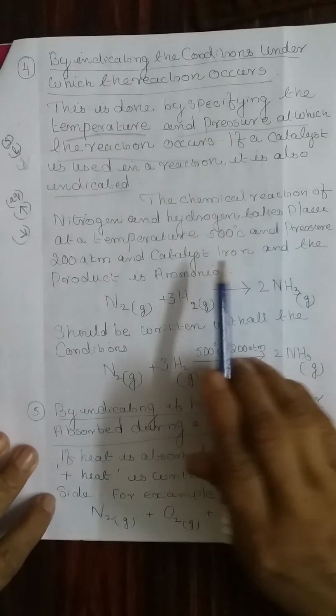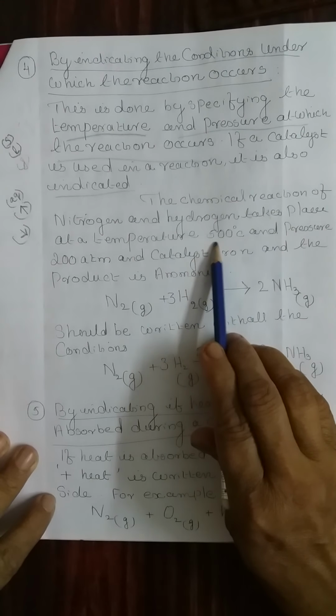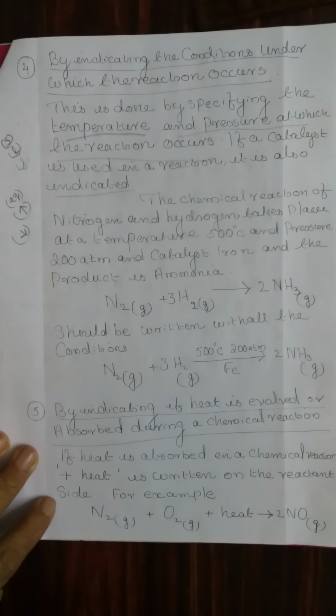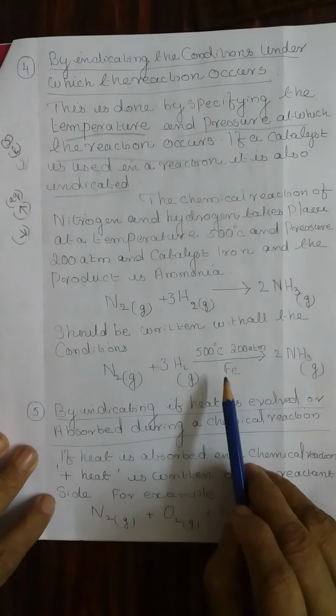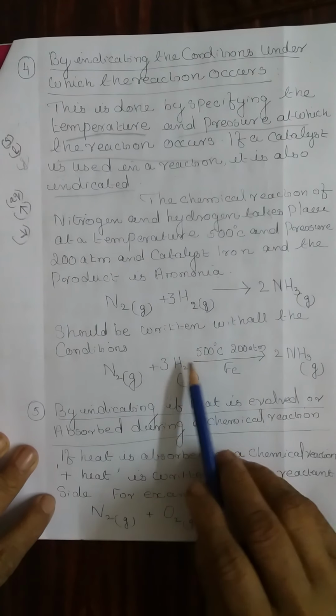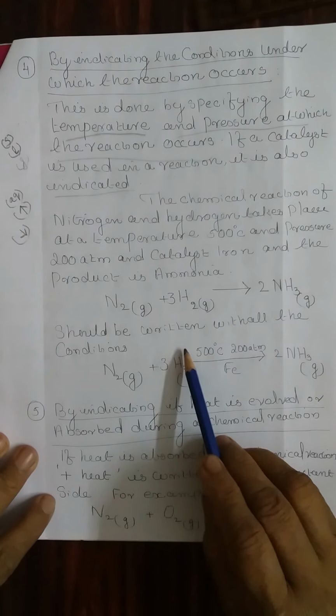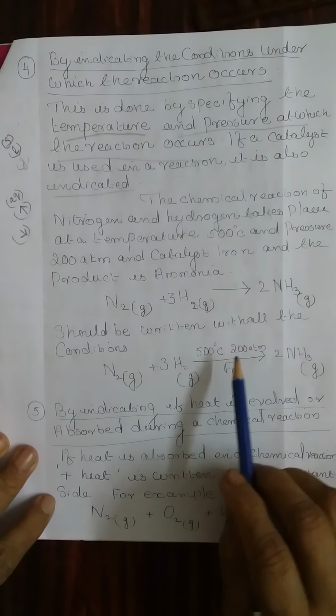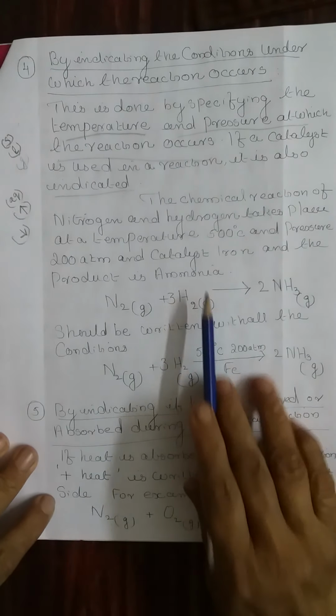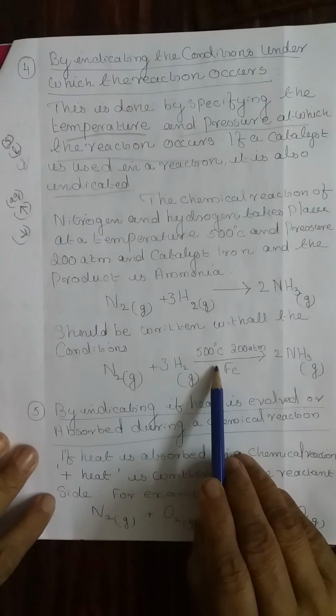For example, in the reaction the temperature given is 500 degrees centigrade. Therefore, above the arrow, all these points should be mentioned. It is very difficult to write temperature, pressure, catalyst, everything, so you write the values given in the question.